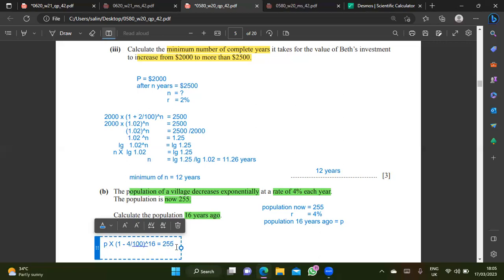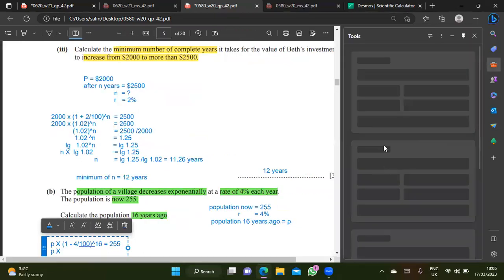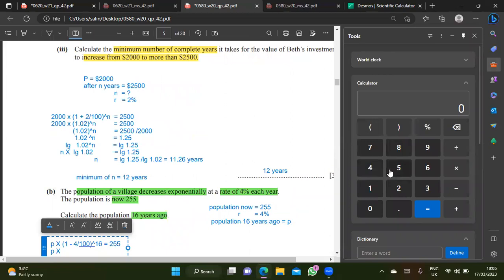So what I can do here is P multiplied by 1 minus 4 divided by 100. Any calculator would do. We can actually use the calculator directly, but I would prefer for you to work it out one by one.